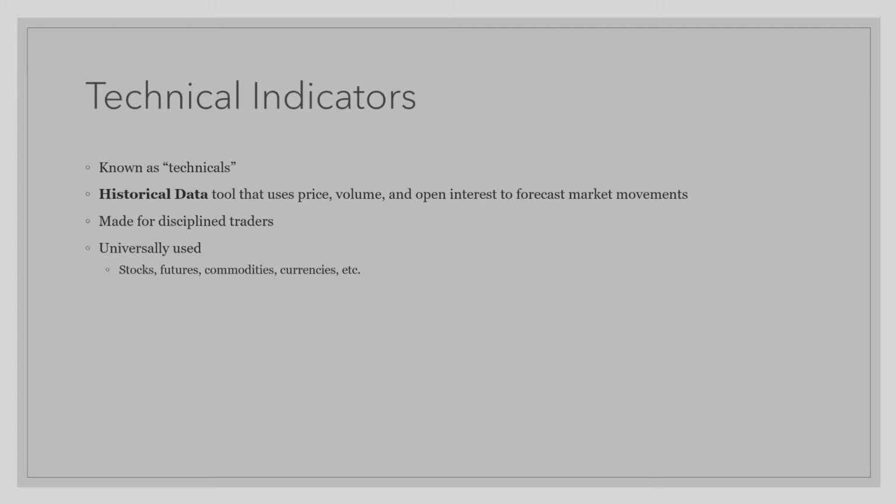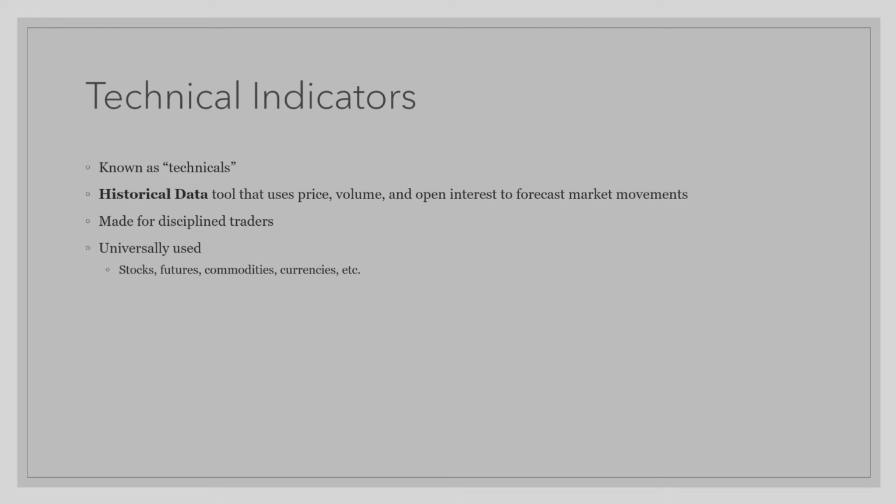This is an individual who is not greedy. Instead, they align their theory or hypothesis with technical indicators. If they match, they proceed with the trade. If they do not match, they stop the trade. Technical indicators are also universally used, so therefore they're used in stocks, futures, commodities, currencies, and so on.